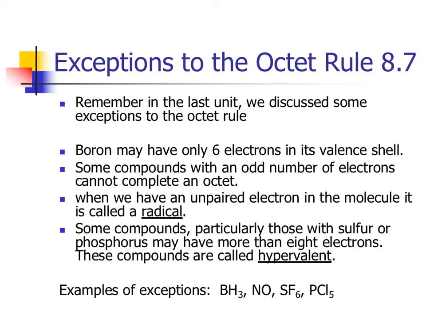One of the biggest ones is boron, which is only going to have 6 electrons in its valence shell. Why is that? Well, it can only have that many, because if you look at the Lewis dot structure for boron, we would have the Lewis dot structure there.